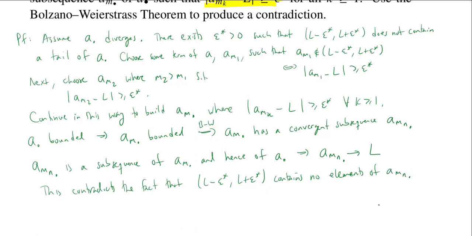That's like the opposite of converging. It doesn't contain squat. Nothing. Zilch. Nada. Zero. And that's a contradiction. The contradiction came from the assumption that A dot diverges. Therefore, A dot actually has to converge.